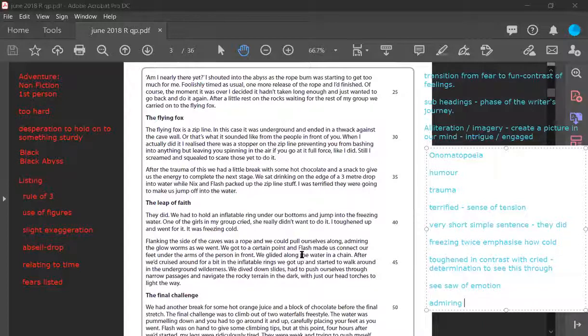We got to a certain point and Flash made us connect our feet under the arms of the person in front. We glided along the water in a chain. So they formed a human chain and they went into the water. After we'd cruised around for a bit in the inflatable rings, we got up and started to walk around in the underground wilderness.